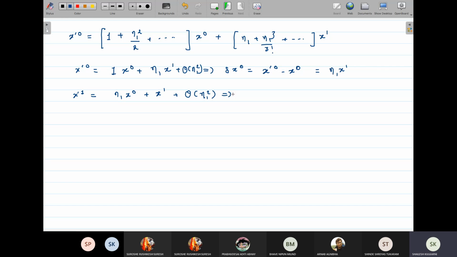So delta x1, which is x prime 1 minus x1, will be equal to eta 1 x0. So these are the infinitesimal changes in x0 and x1 under the boost.